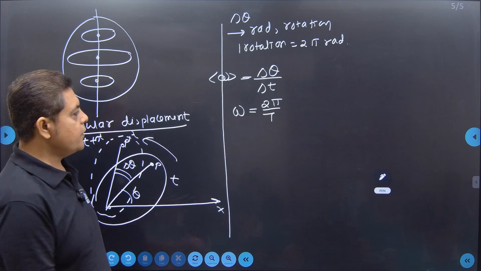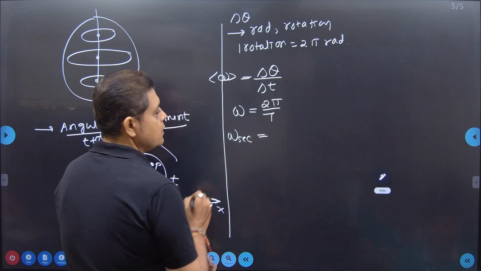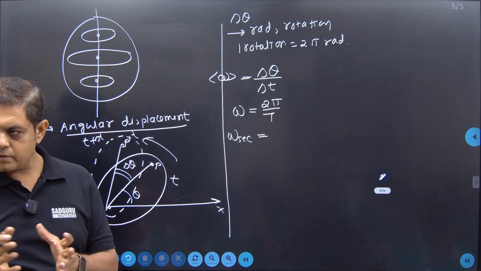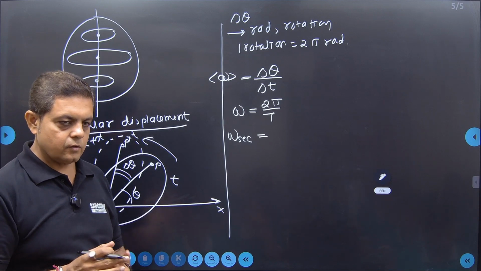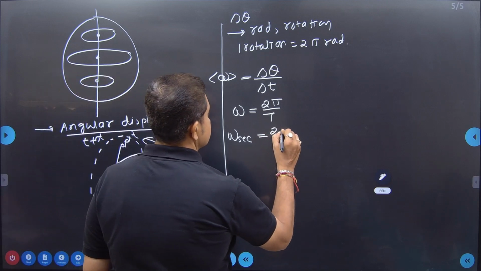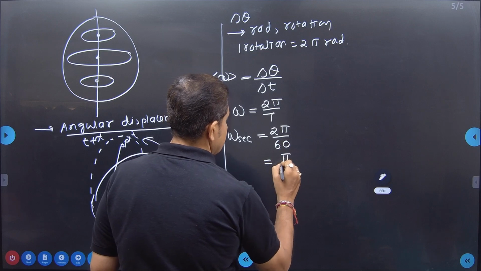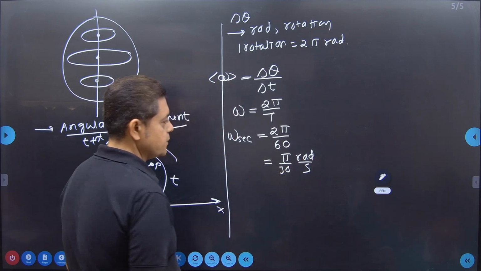Clear? If I consider the second needle of a clock, the time period for the second needle is 60 seconds. So its angular speed is 2 pi by 60, that is pi by 30 radian per second.